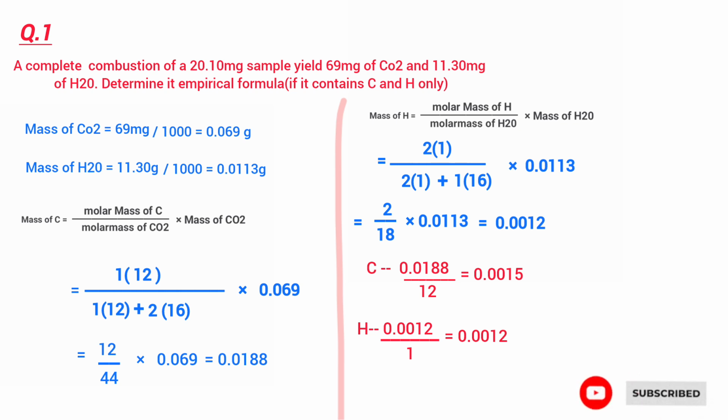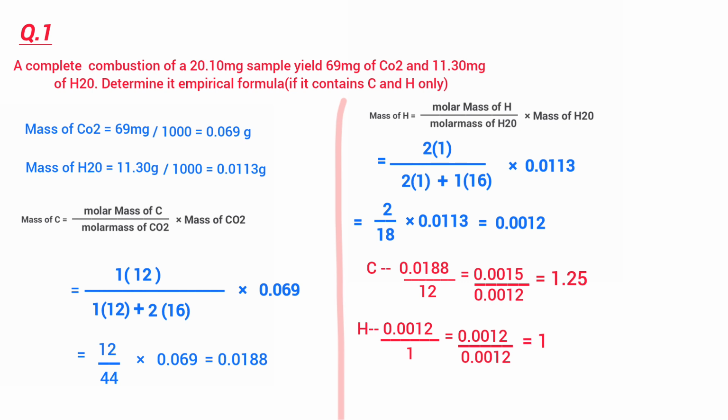Next, we divide by the smallest mole ratio, and in this case, it is 0.0012. Dividing 0.0015 by 0.0012, we have 1.25. Dividing 0.0012 by 0.0012, we have 1.